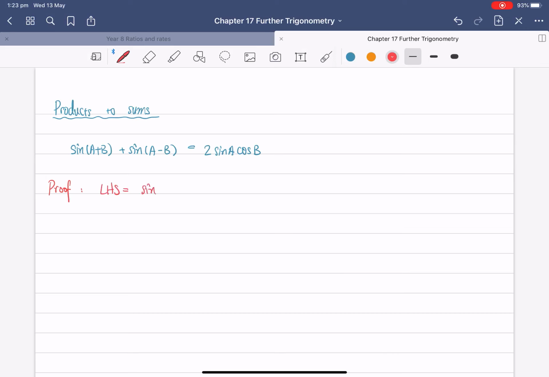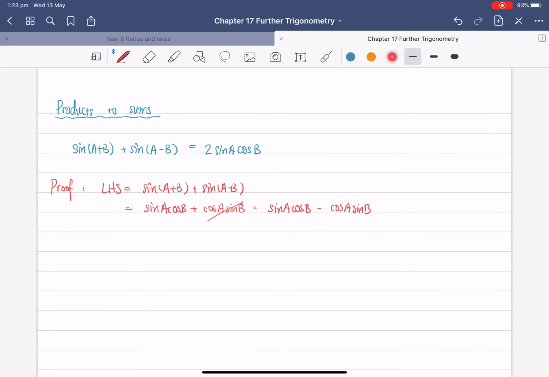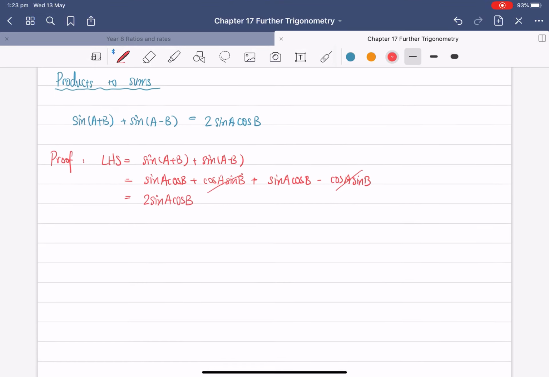We get sine a plus b plus sine a minus b, and if we use the compound angle formula to expand that, we get sine a cosine b plus cosine a sine b, plus sine a cosine b minus cosine a sine b. From here you can cancel the terms that are the same but with opposite signs, and combine like terms, which gives you 2 sine a cosine b. So that is the proof.